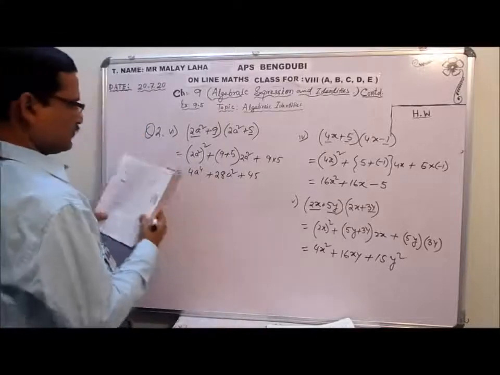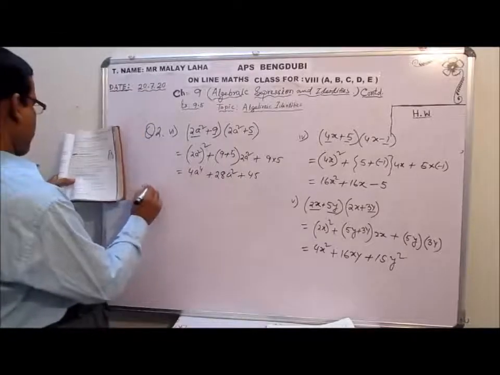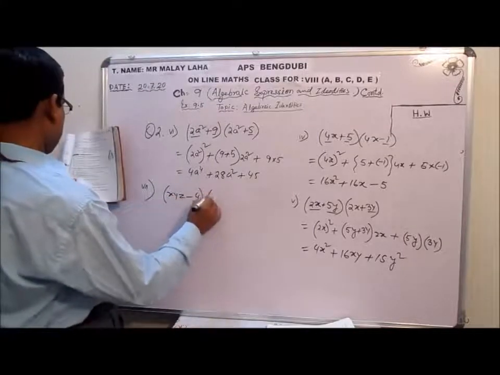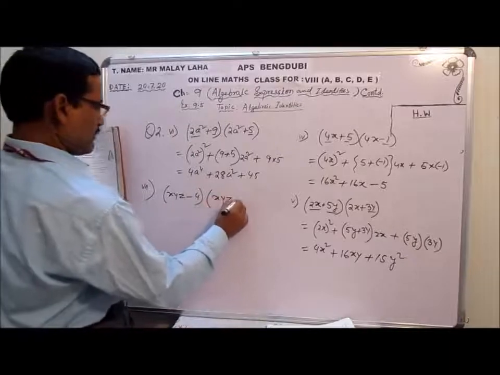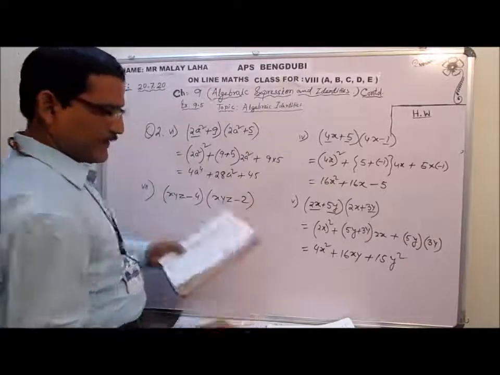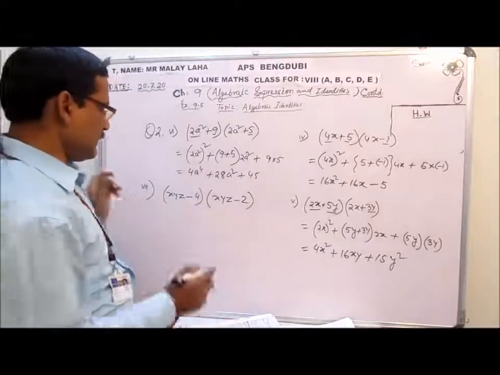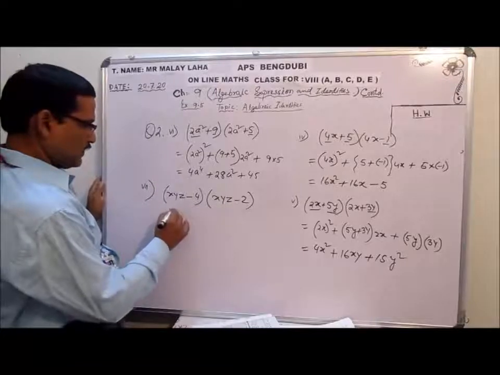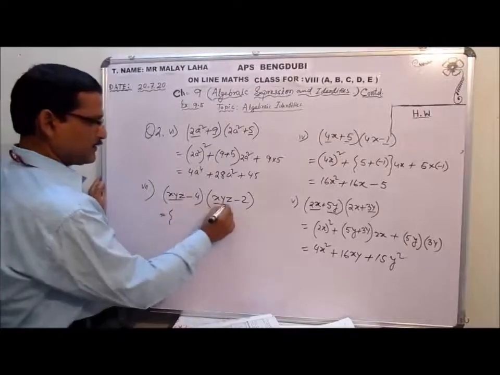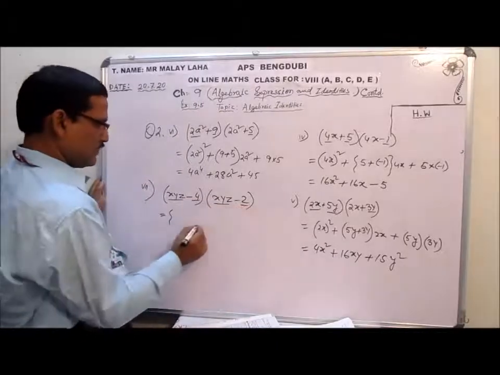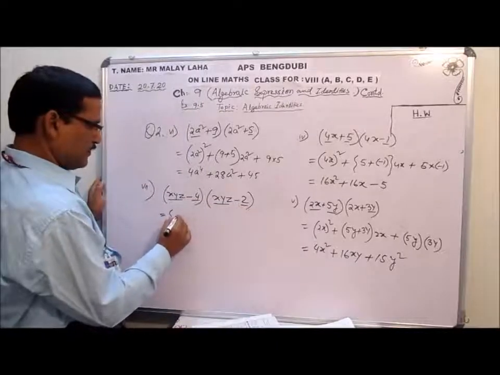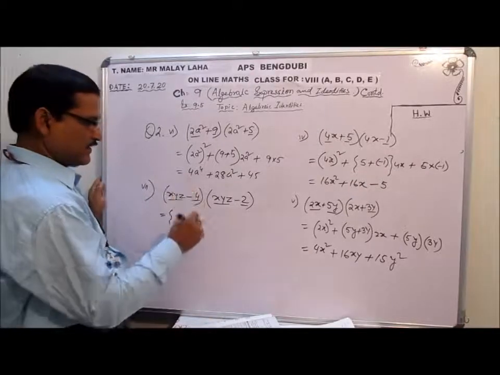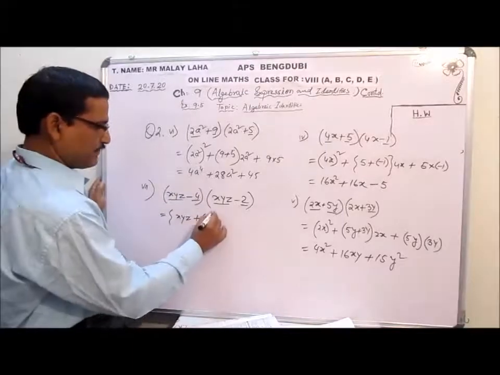Last one, 7 into xyz minus 4 into xyz minus 2. Again a negative sign is there, so we have to change the sign. We can write this total part, treat it as x, this is a and this is b. Then it will be xyz plus, because in the identity the plus sign is there and this one is negative.